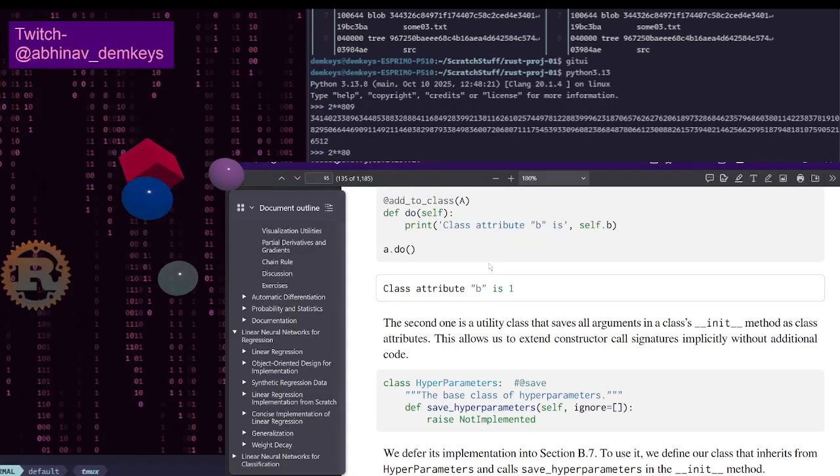Then two, the PyTorch Lightning connection. The authors mention PyTorch Lightning because it's a highly popular real world industry framework that separates research code, that is the model architecture, from engineering code, which is the training loops, hardware scaling, and data loading, etc. Instead of forcing you to write 50 lines of messy, repetitive training loops for every single chapter, the D2L authors thought, hey, PyTorch Lightning has a brilliant API design.